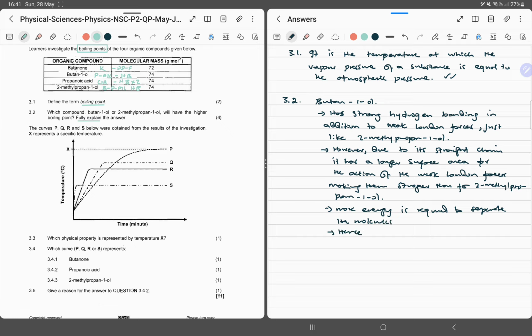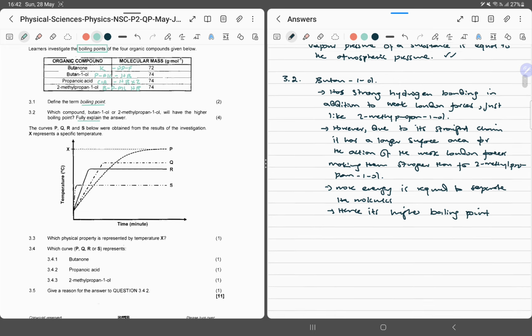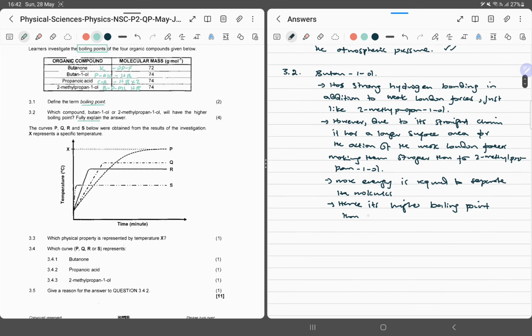Hence, it's higher boiling point than 2-methyl propane 1-ol.